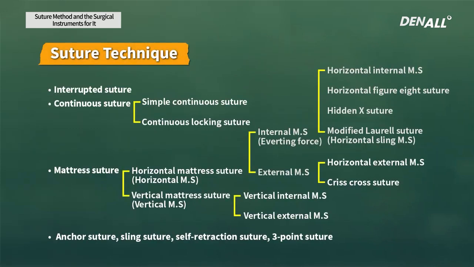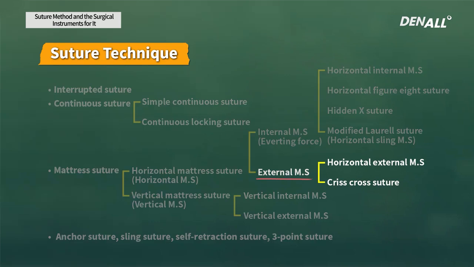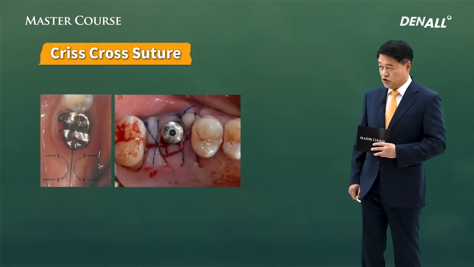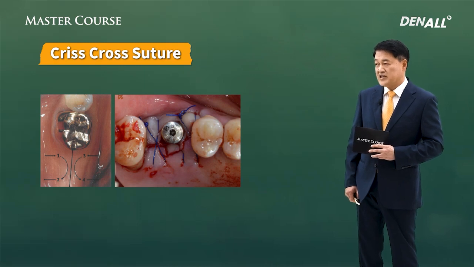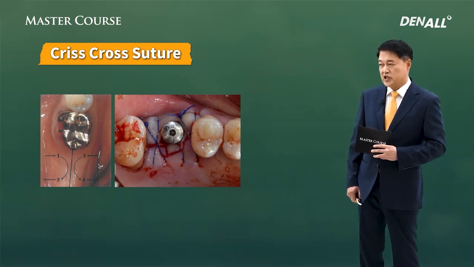Next, I'm going to talk about the matrix sutures, horizontal external matrix suture, and crisscross suture. Now, crisscross suture, as you can see, is one of the external matrix sutures, and from the buccal to the medial side it goes in and goes out to the distal side, and again on the lingual side going distal and goes out distal.